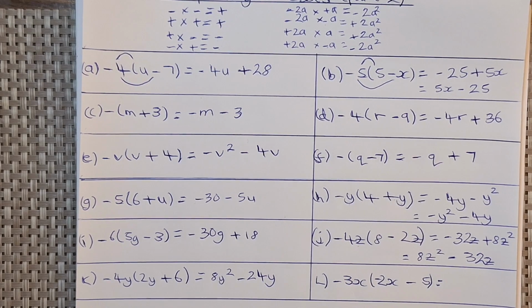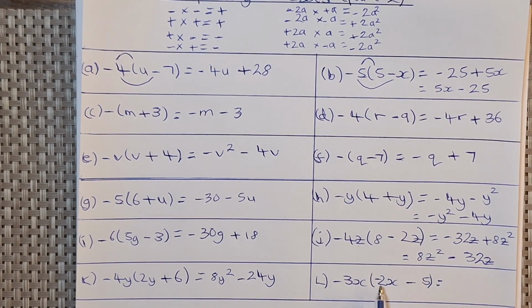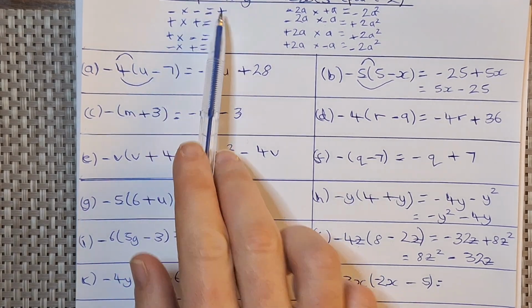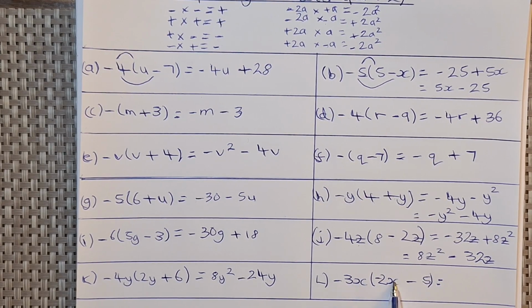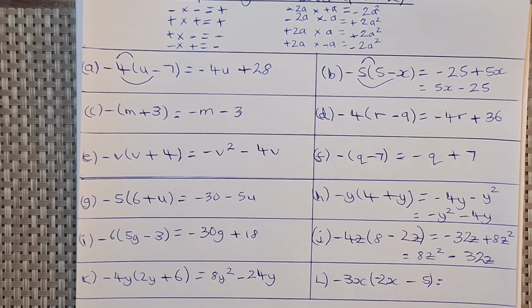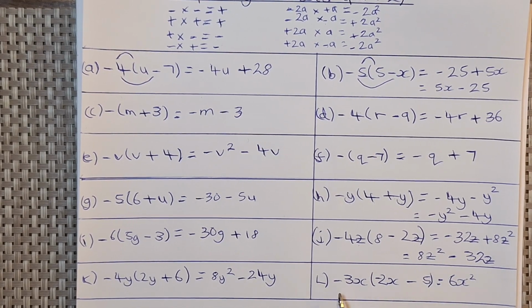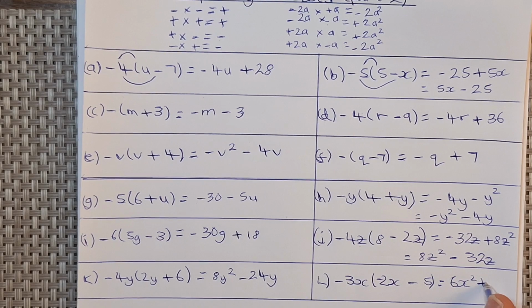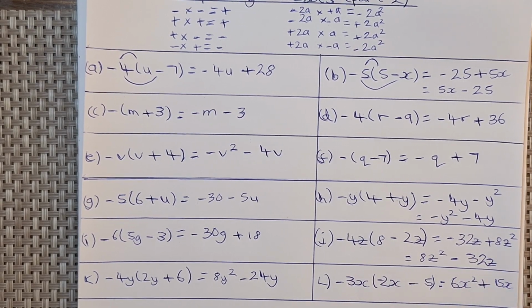And last question, we have minus 3x times minus 2. Negative times negative equals positive, 3 times 2 is 6, and x times x is x squared, so it's 6x squared. And we've got minus 3x times minus 5, which is positive 15x.